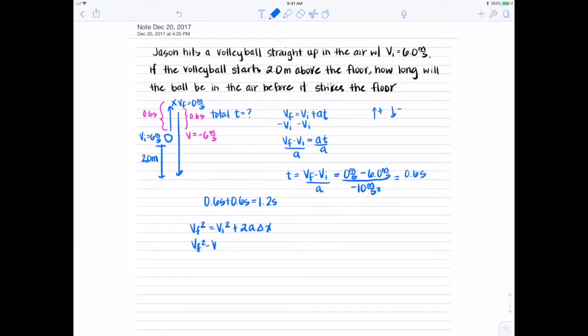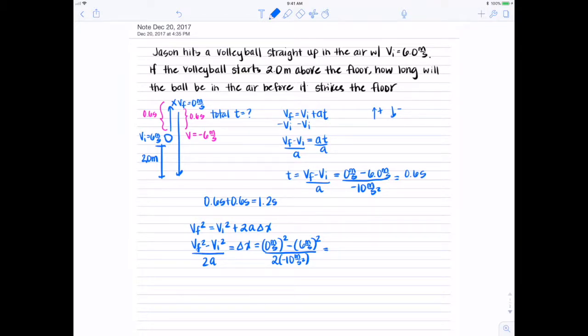So V_f squared minus V_i squared divided by 2a equals delta x, or 0 meters per second squared minus positive 6 meters per second squared divided by 2 times negative 10 meters per second squared.